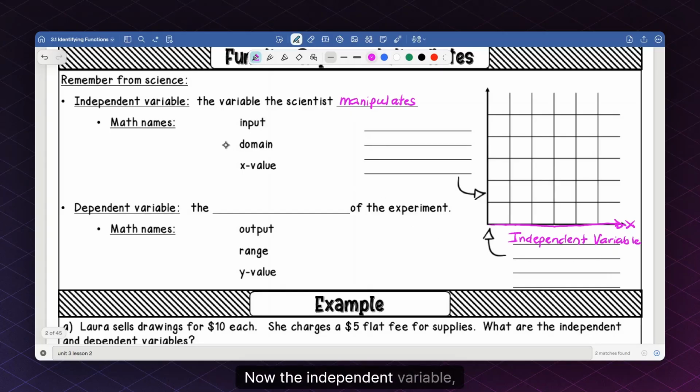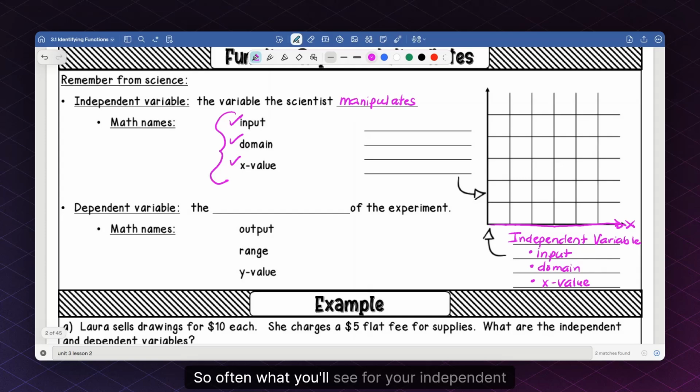Now the independent variable, we can call it some mathy kinds of names, and we've got three of those right here. So we can call it the input, we can call it the domain, and we can call it the x value. So we can go ahead and just put these as little bullets down here. This is going to be my input. This is going to be my domain. Or we can call this my x value.